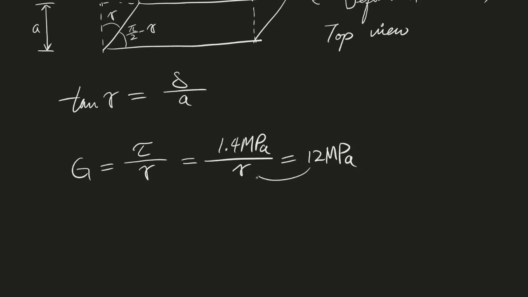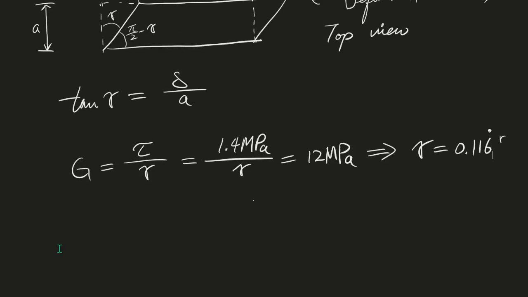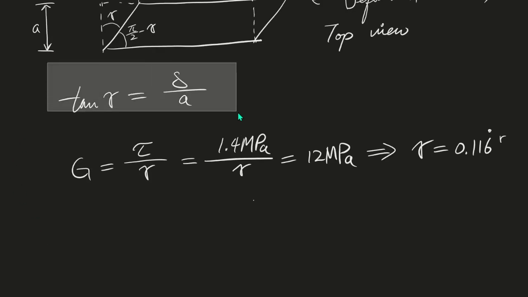Now, if I just swap the positions between gamma and G, I would get that gamma is approximately 0.116 repeated in radians. Okay, now we have what we need to solve for A. And we'll go back to the tangent relation.